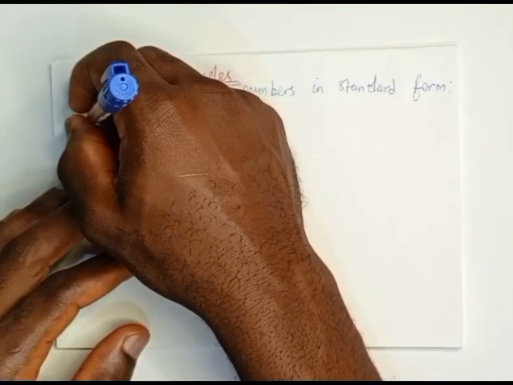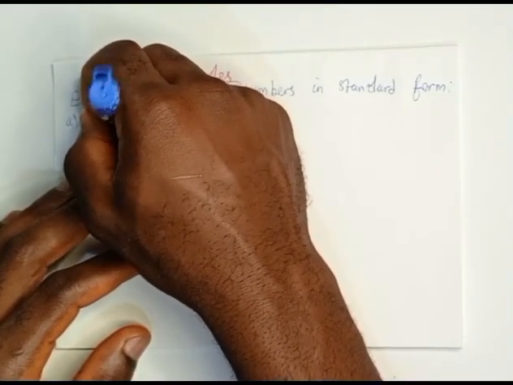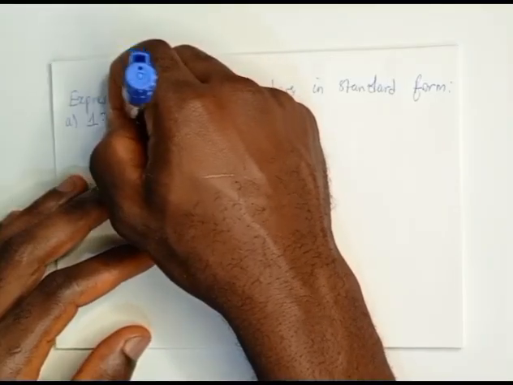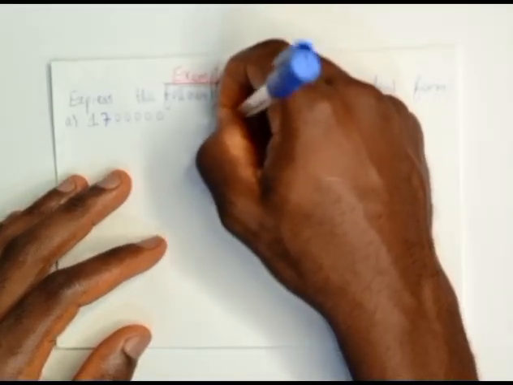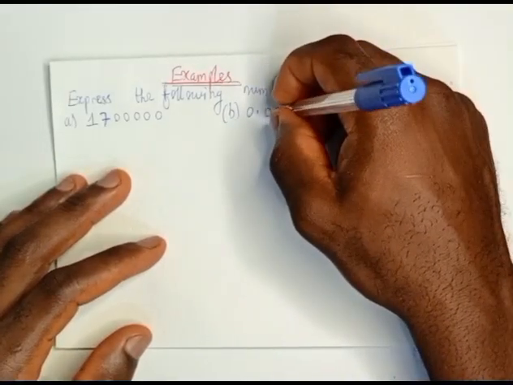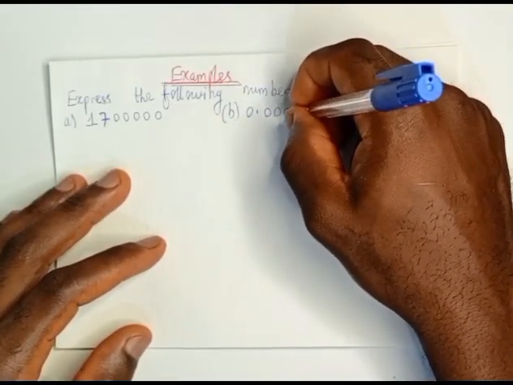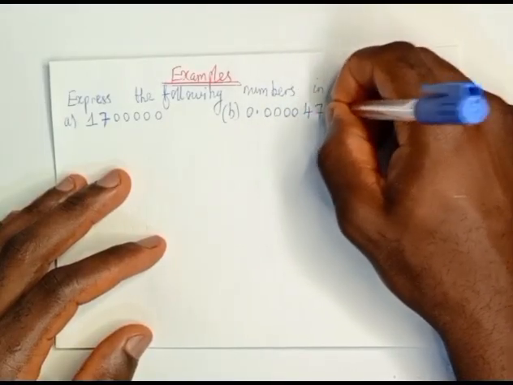Here we have the number 1,700,000. For B, we have the number 0.00004751.